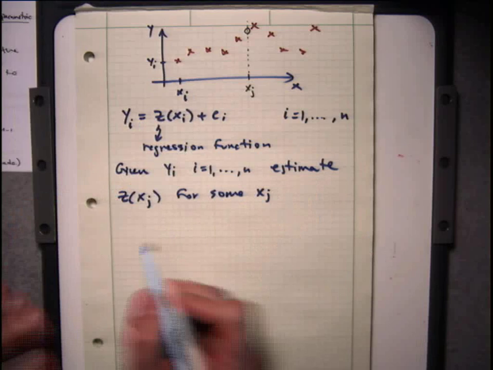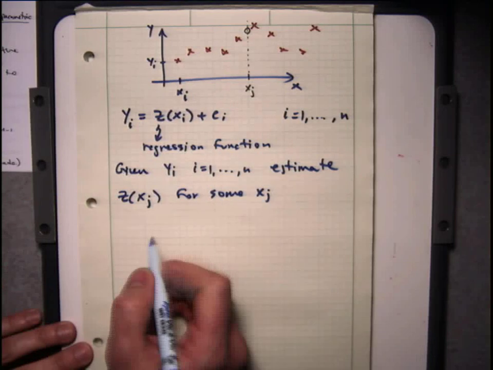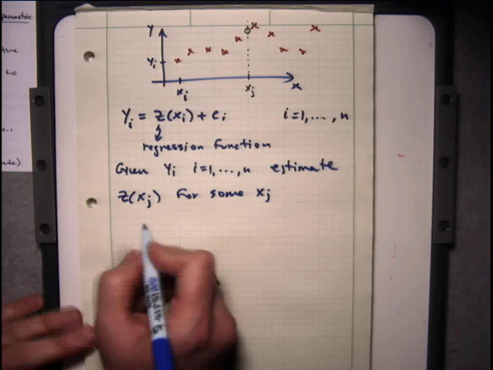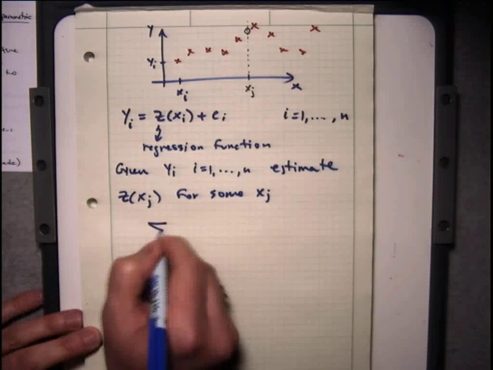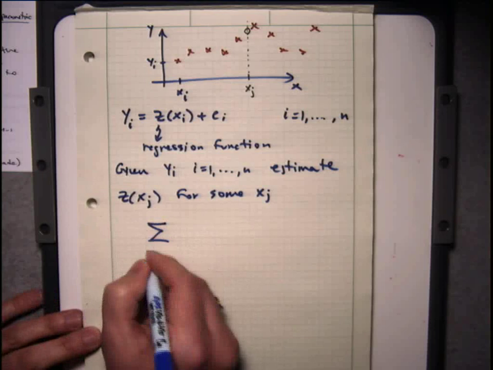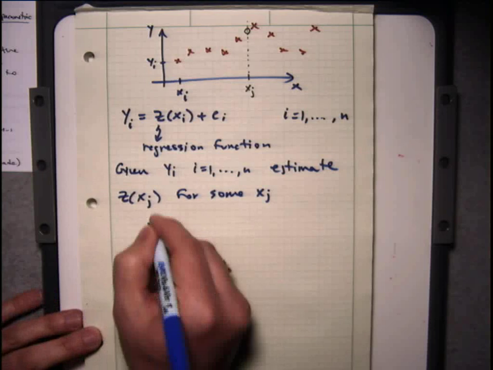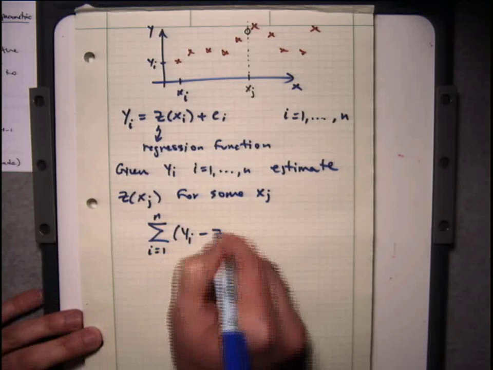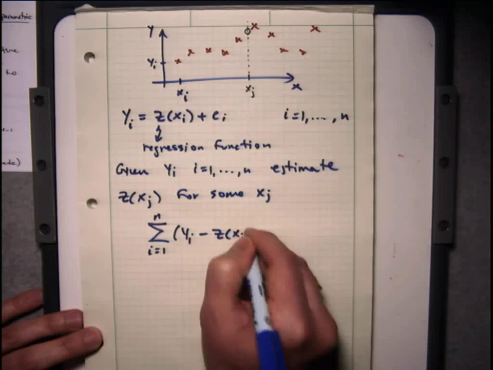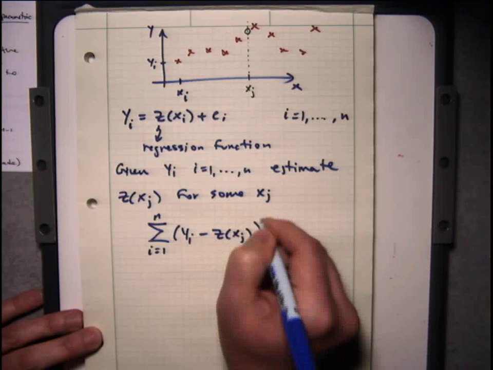Okay, so here's a very simple framework for doing this. Let me write a least squares function like this. So let me write sum i equals 1 to n of (yi minus z of xj) squared.